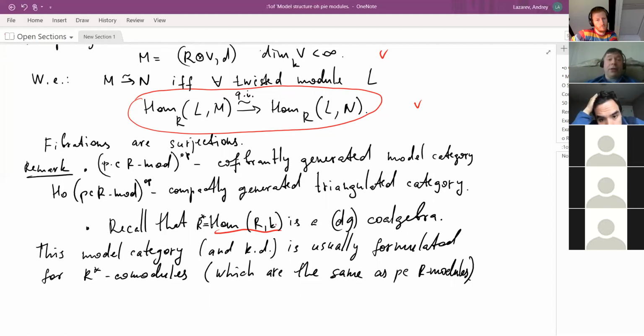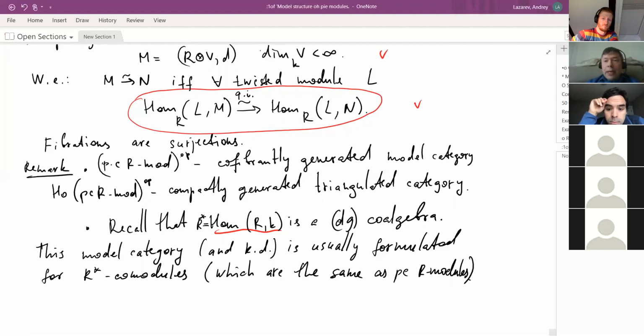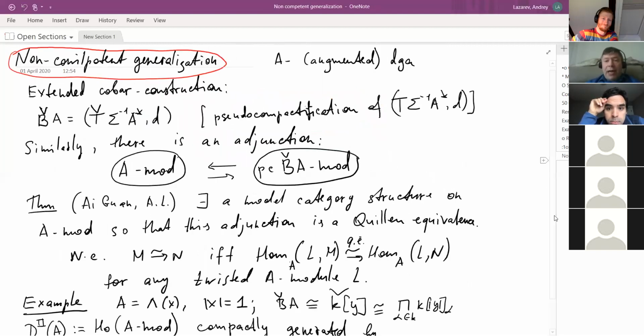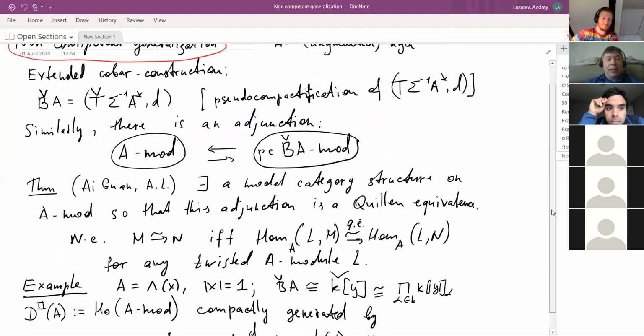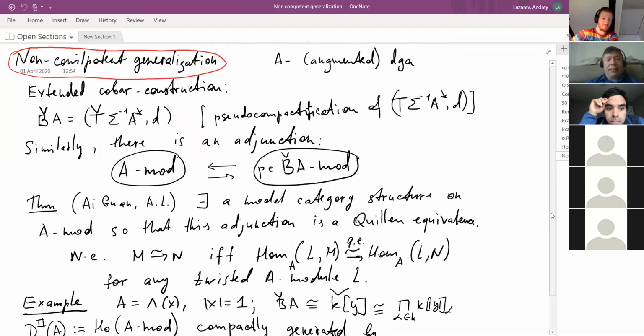Okay, if R is BA, the bar construction of some A, then the derived category of comodules is equivalent to the usual derived category of A. And I'm almost out of time, but I only have 1 slide. So probably I will be over time by a couple of minutes.